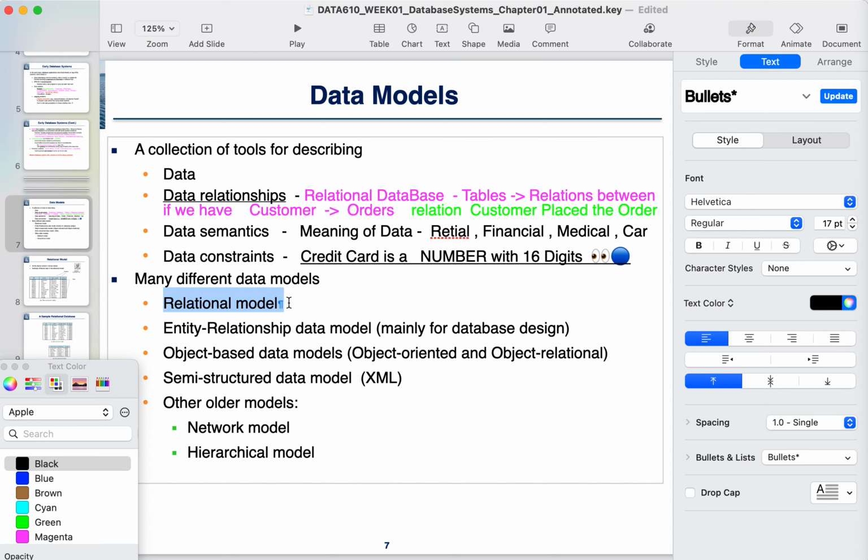Relational model is what we will be studying in this class. Entity relationship is where we will be creating a diagram that shows the relationship between the entities. The entities could be customers, patients, things like this.